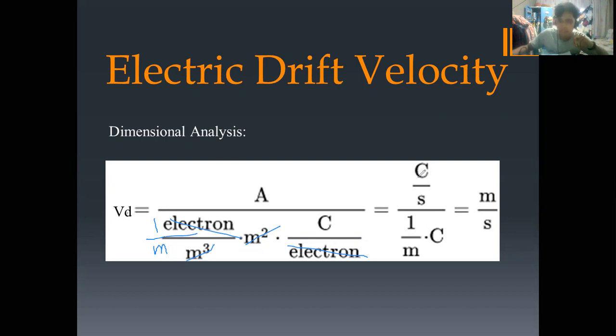Ngayon, cancel natin tong coulomb. Ang mangyayari, magiging 1 to, magiging 1 to. Yung numerator, parang dito, extremes over means lang tayo. Kaya makukuha nating sagot dito is eto, meter per second. Next tayo.